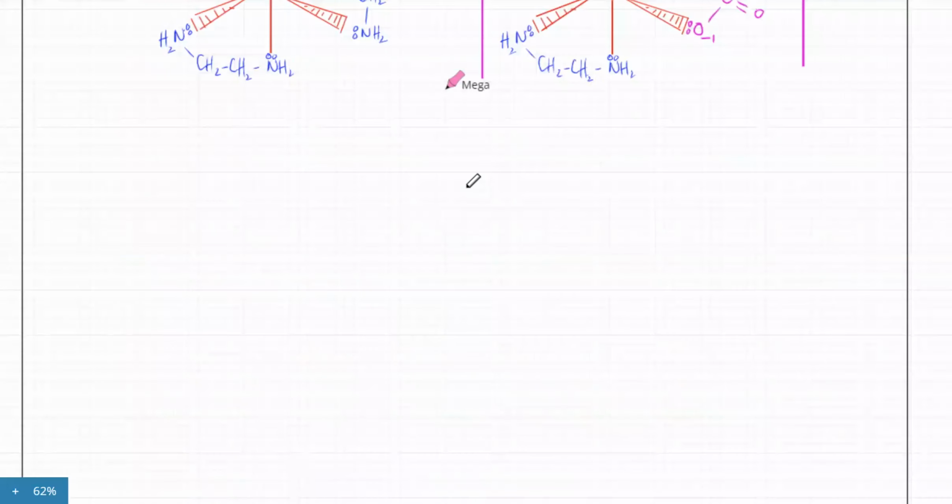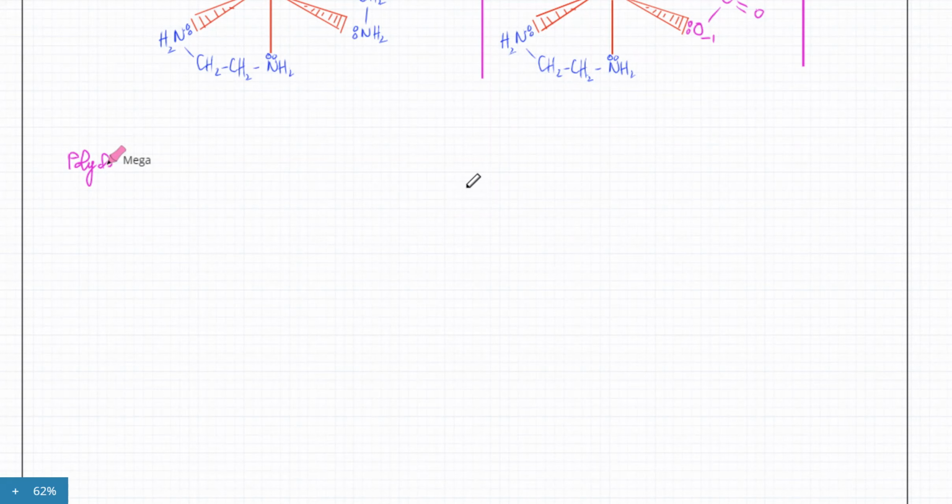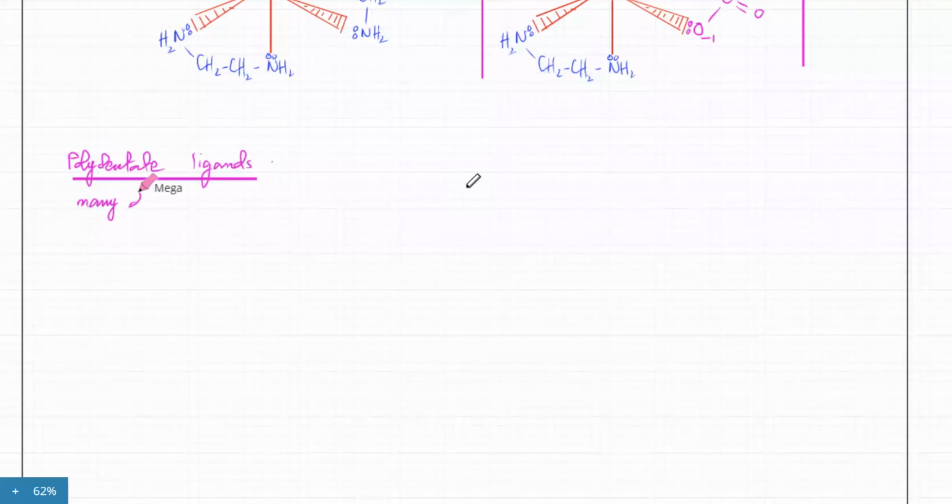So polydentate ligands are ligands that can form many dative bonds. Polydentate ligands are kind of complex molecules that can form many coordinate dative bonds with the metal cation.